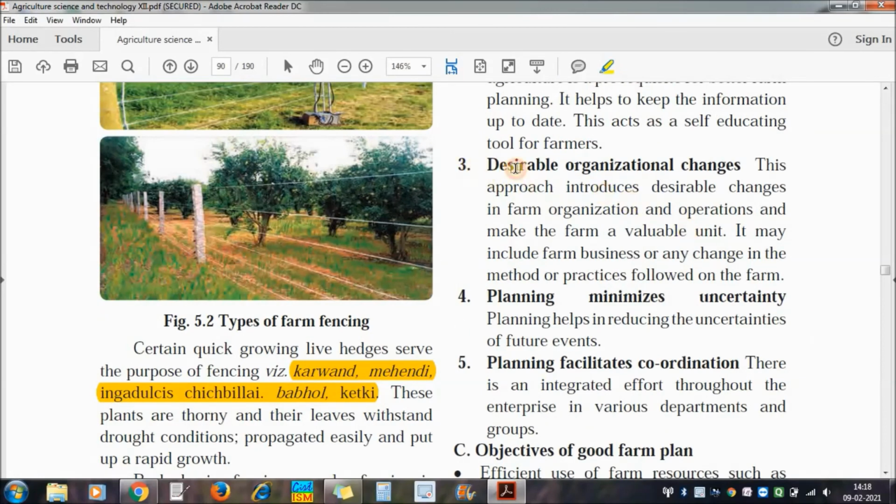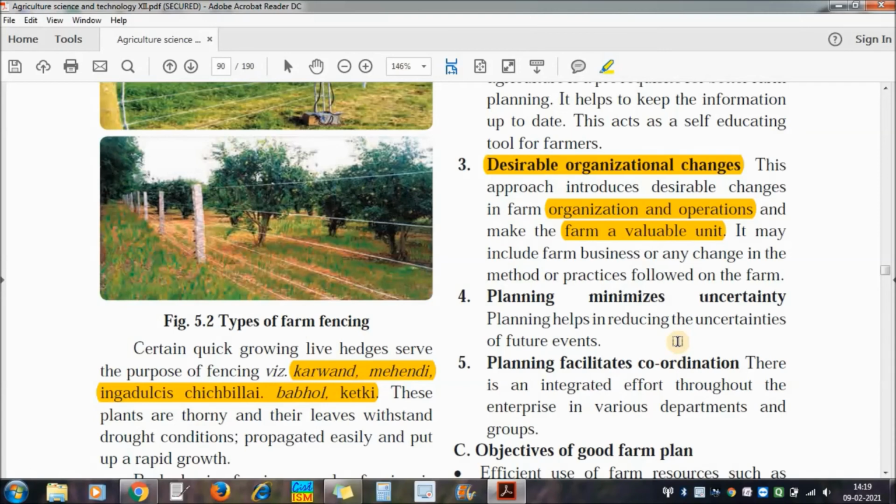Another, third point, is desirable organizational changes. We can make changes wherever necessary, and this is important. Farm organization and operations are important for farm valuable units. Valuable units means every unit in the farm has its own value.